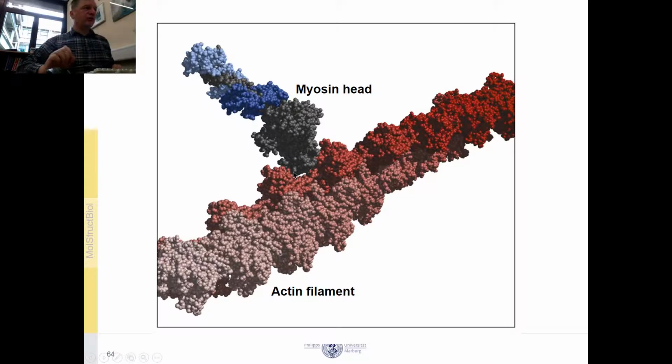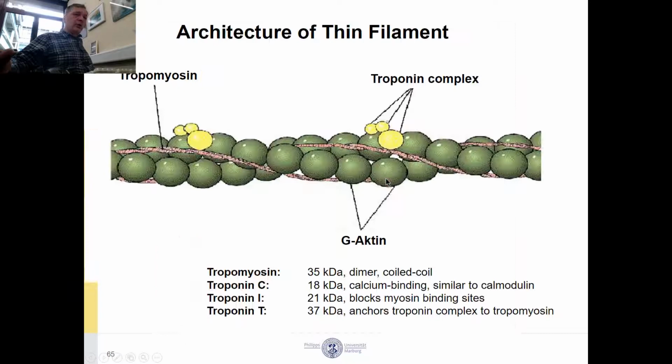But that is not so trivial, because this groove is not forming by itself. It's formed by having the actin filament associated with a regulatory filamentous protein complex, called the thin filament. So you see here the F-actin and its G-actin components, and we see the tropomyosin and the troponin complex associated to it.